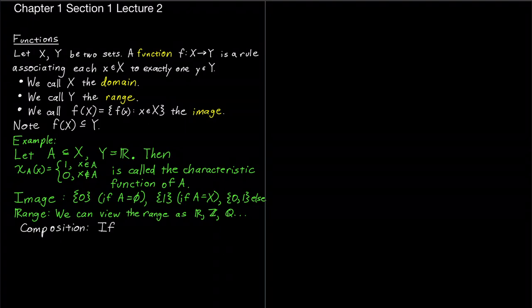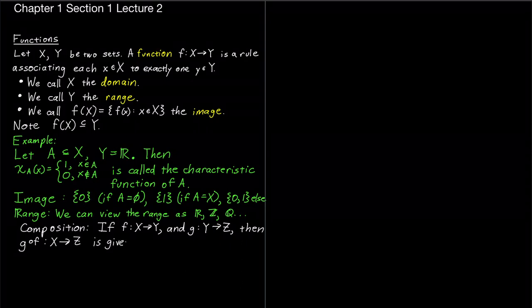So if f is a function that goes from X to Y, and g is another function that goes from Y, the range of f, to Z, then g composed with f is a function that goes from X to Z, and that is given by g composed with f of x is equal to g of f of x.